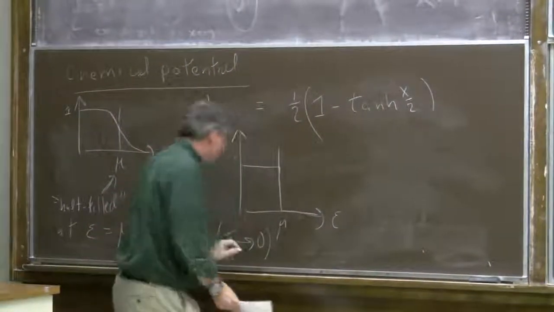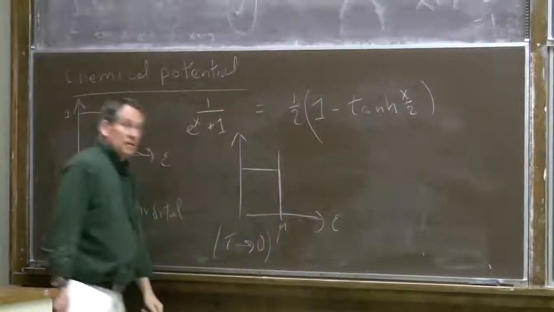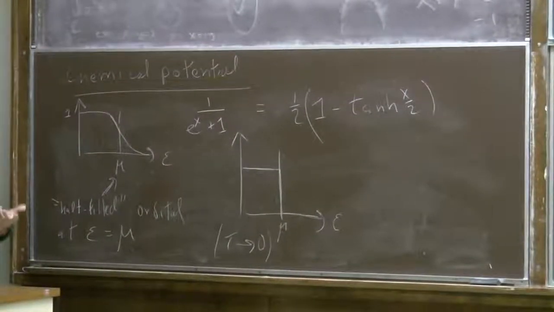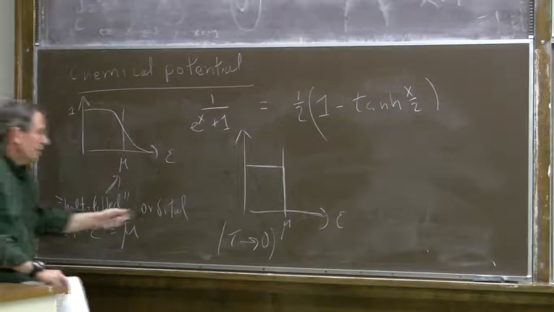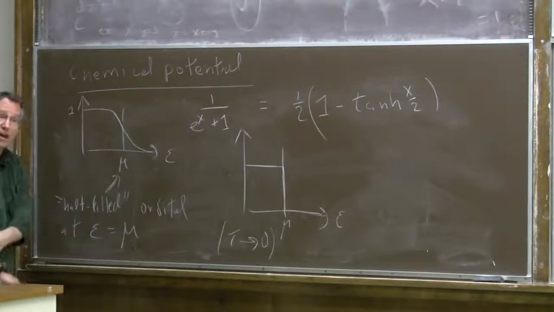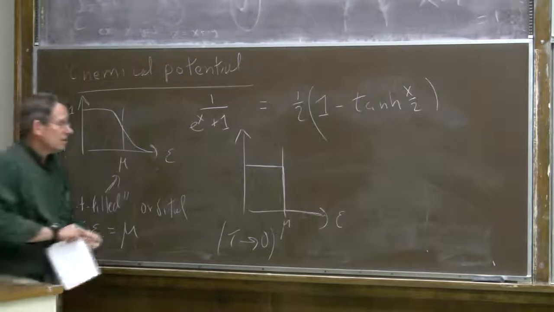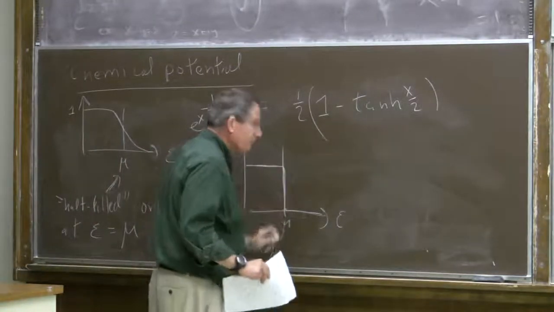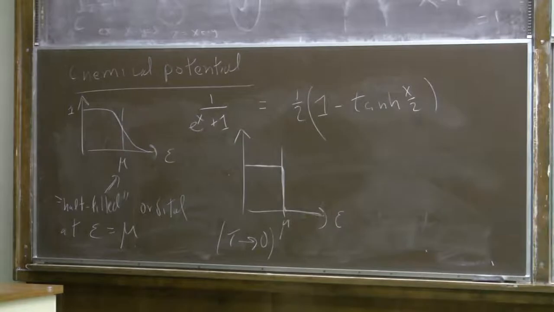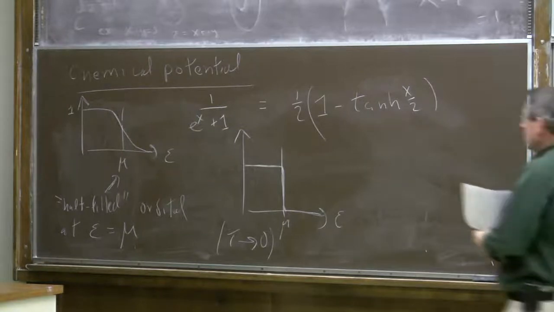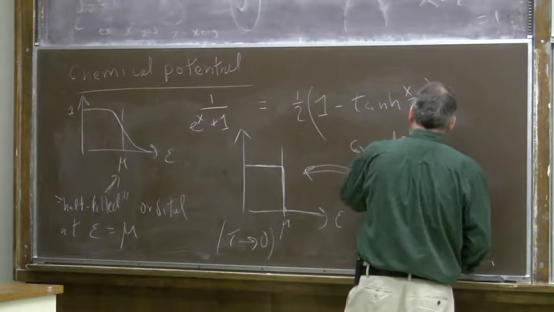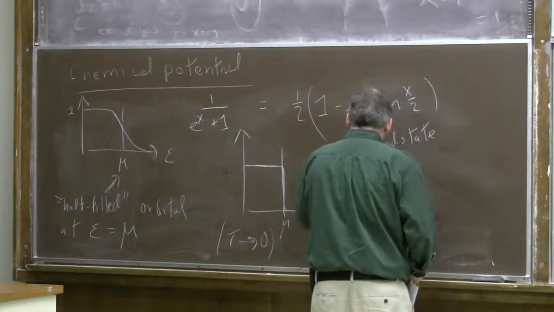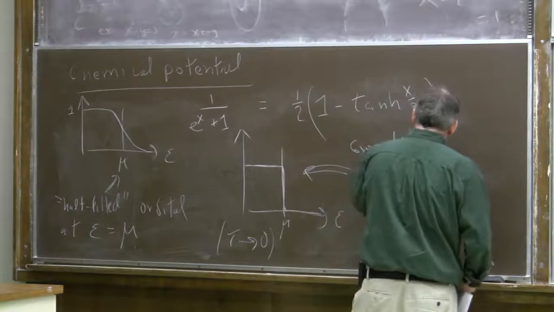As the temperature goes to 0, the orbitals which have energy below the chemical potential are occupied with probability very close to 1, and those with energy above the chemical potential are occupied with probability very close to 0. So when we go to 0 temperature, the system is in its quantum mechanical ground state. It doesn't have any thermal fluctuations. So this is the ground state, the lowest energy state for a system with some specified number of particles.